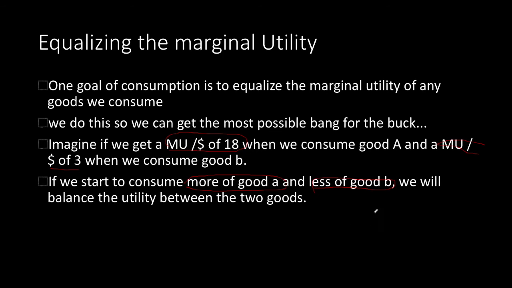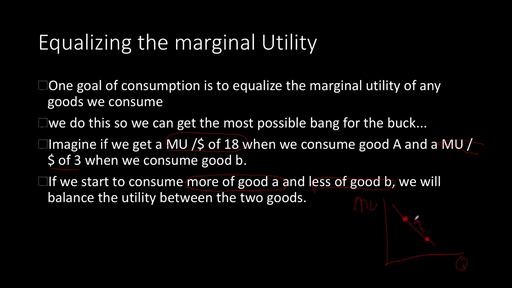So if you think about it, here's my marginal utility, here's my quantity. If we remember, it slopes downward. So let's say we're talking about good B. This is good B right here. If I consume less of good B, I'm going to raise my marginal utility and raise my marginal utility per dollar.